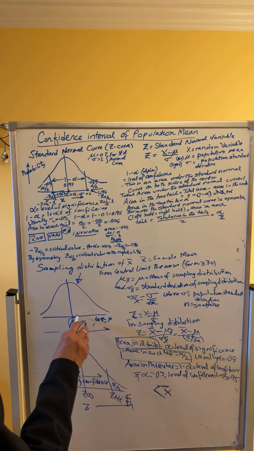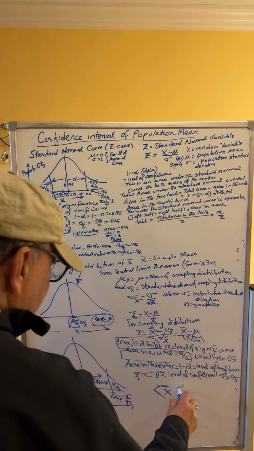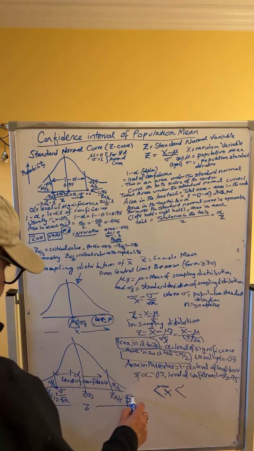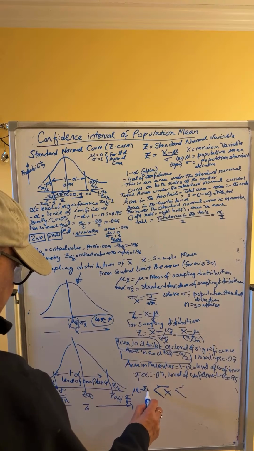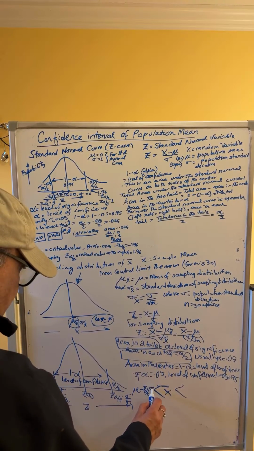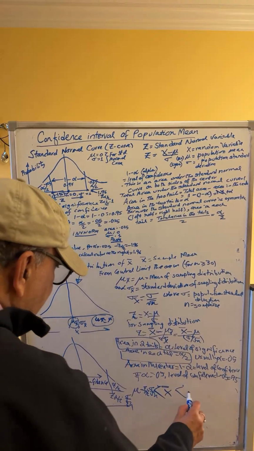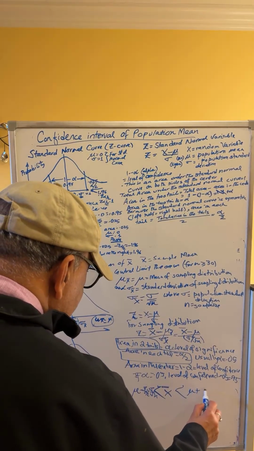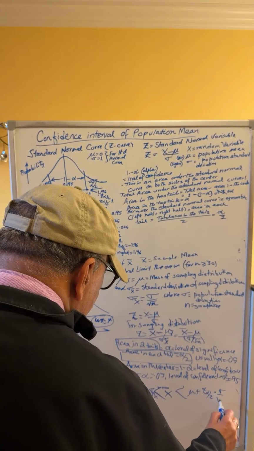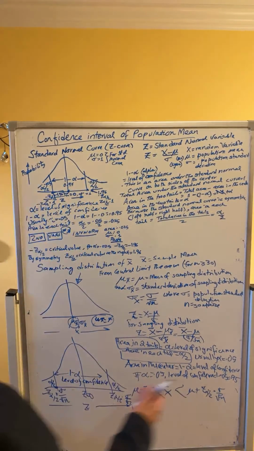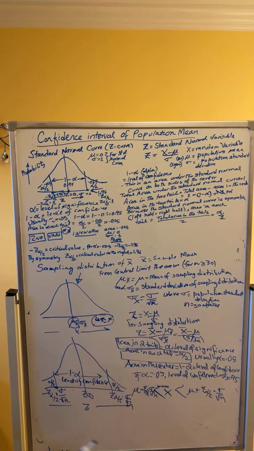So x bar will be located on the lower boundary at mu minus z alpha by 2 times sigma by square root of n, and on the right at mu plus z alpha by 2 times sigma by square root of n. This is like the boundaries of the confidence interval for x bar, but actually we want the boundaries for the confidence interval for the population mean.